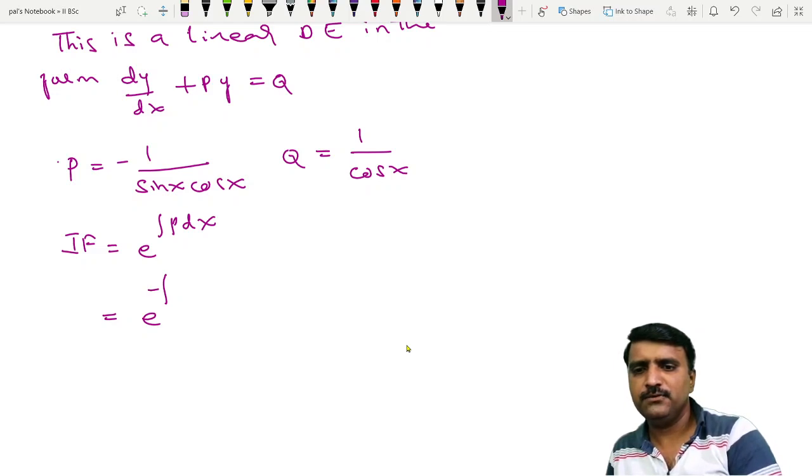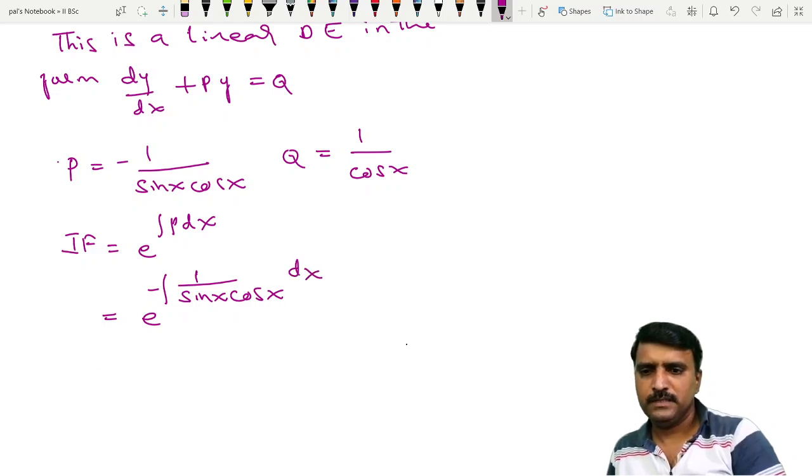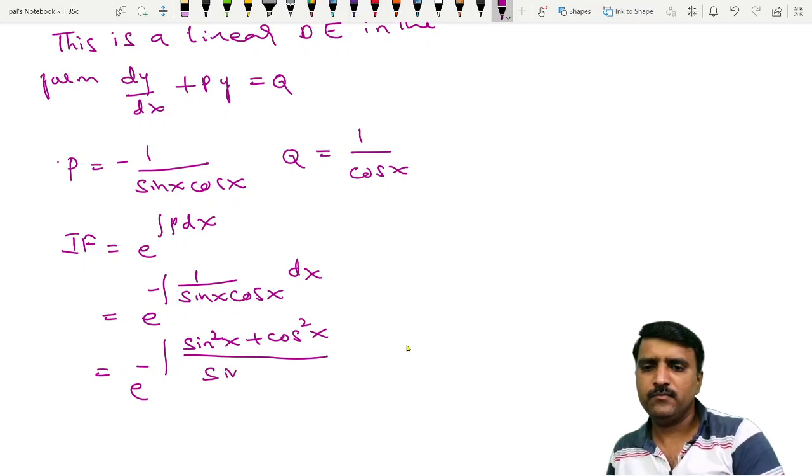So write the minus outside: e to the power of minus integration of 1 by sin x cos x dx, which is equal to e to the power of minus integration of, you can write this 1 as sin square x plus cos square x, divided by sin x cos x dx.